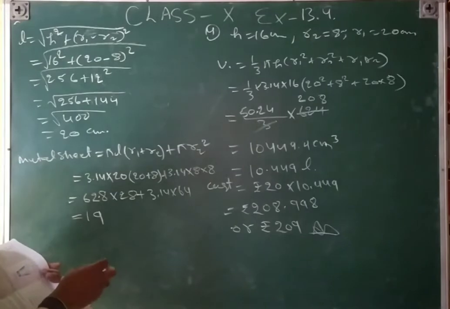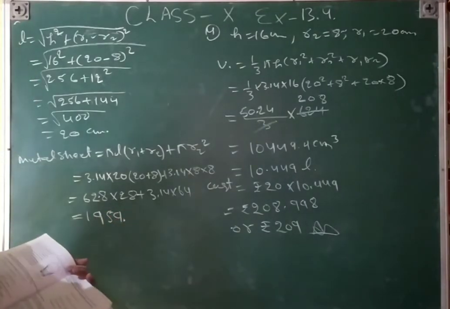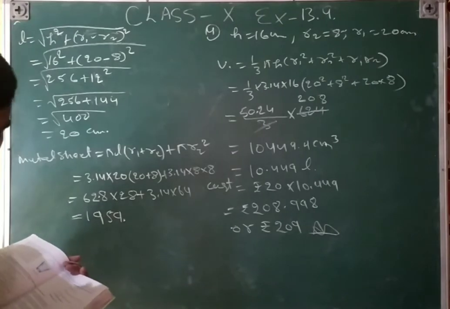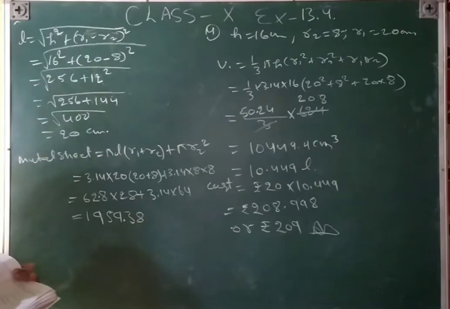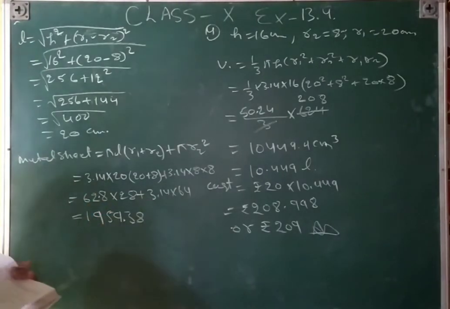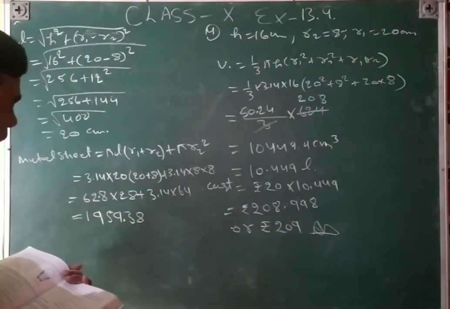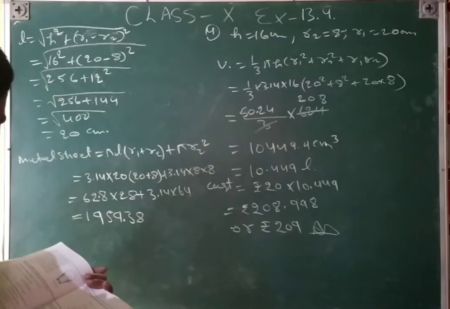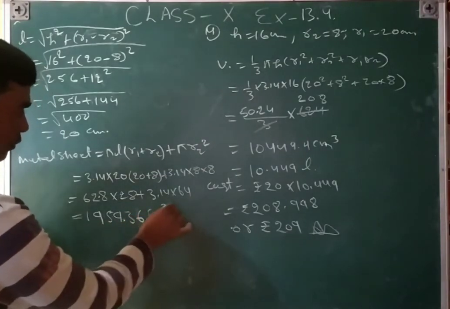19 that will be 59 decimal 38. That will be the calculation: first of all multiply both, then we will add. That will become 1959.36 approximately, centimeter square.